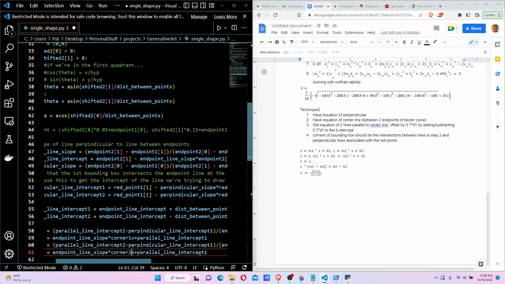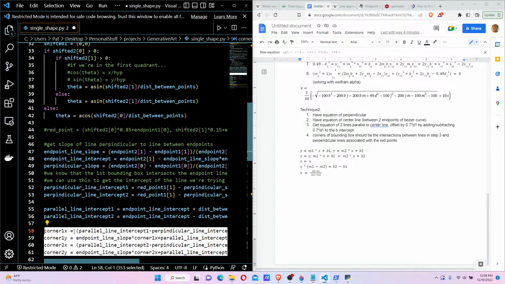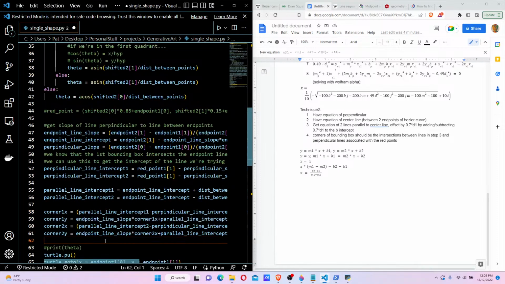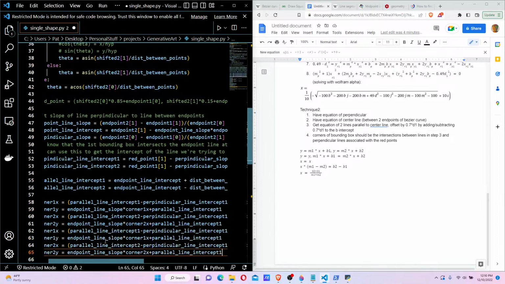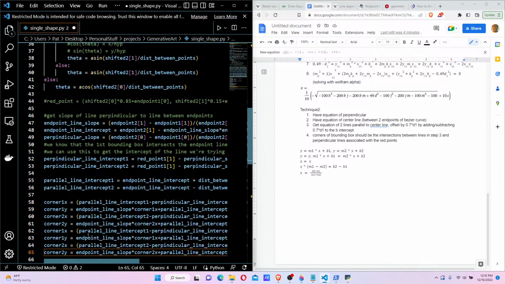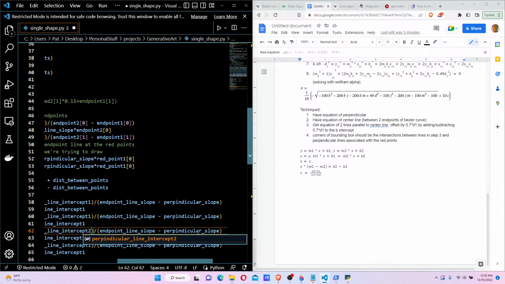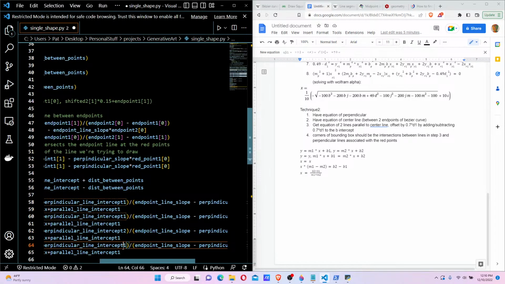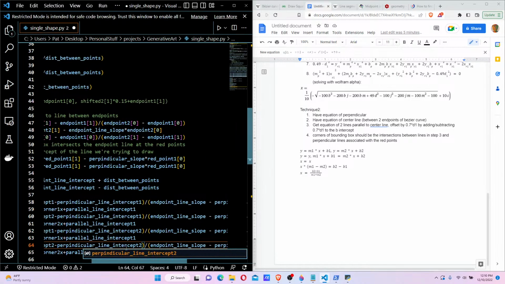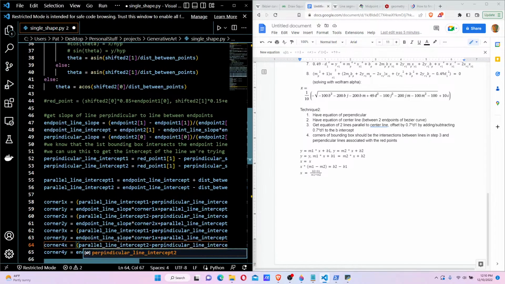So copy that whole thing. Okay, so this is now corner 3 x, corner 3 y, corner 4 x, corner 4 y. Corner 3 x uses parallel line intercept 1, and it should be perpendicular line intercept 2. Nothing to change over here. Here should also be perpendicular line intercept 2. And cool.